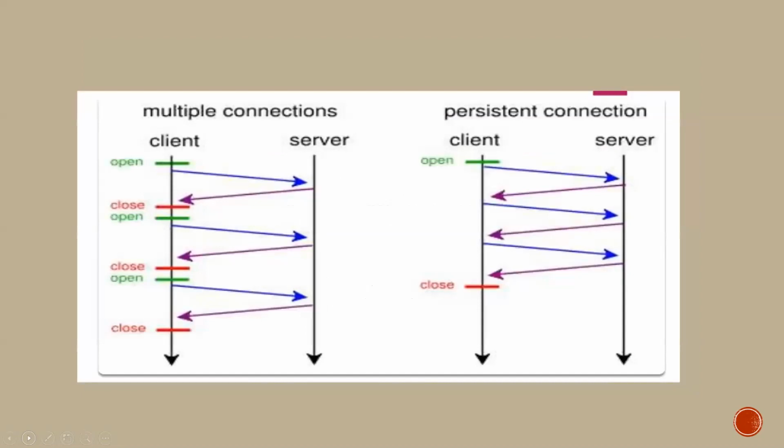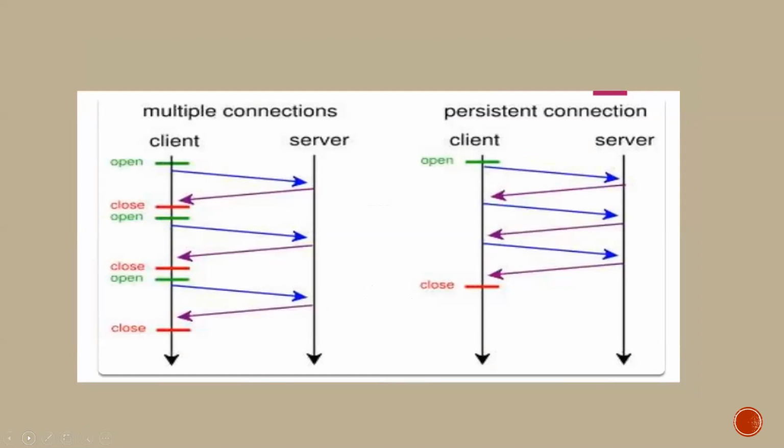Multiple connection and persistent connection, between client and server. See, this is the difference. In multiple connection, we have to open and close, open and close. We have to do this process repeatedly, which is considered overhead.